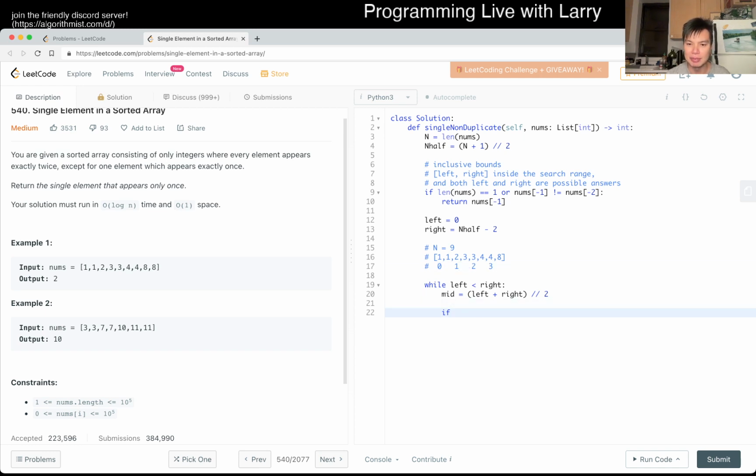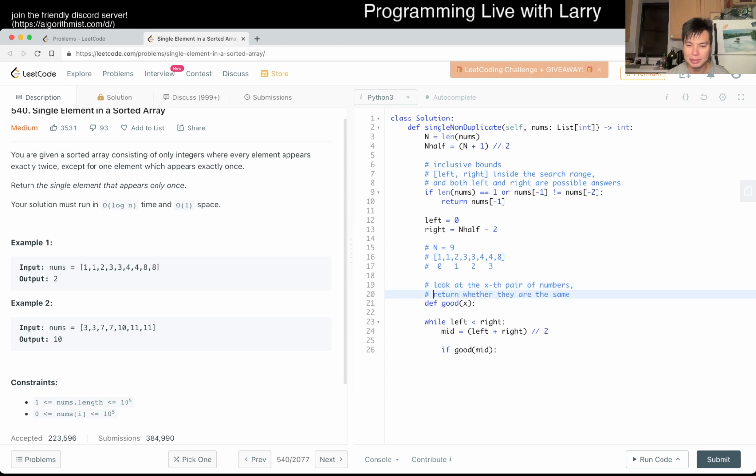So with num sub 2 times mid, let's actually write a good function. If good, where we'll define good. I like the abstraction just so that I can explain this a little bit clearer. Look at the pair of numbers and return whether they are the same.